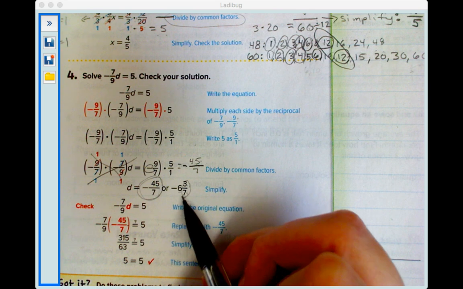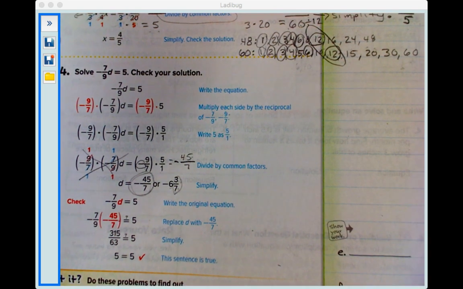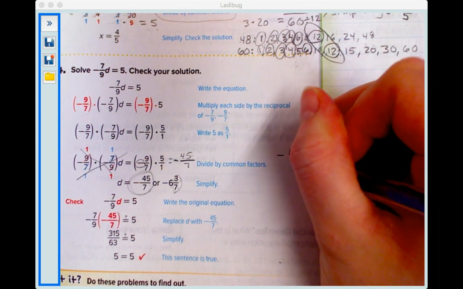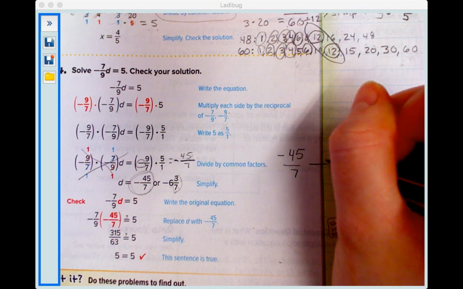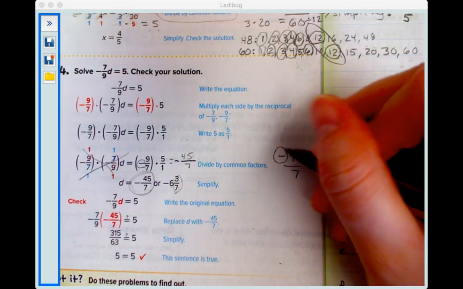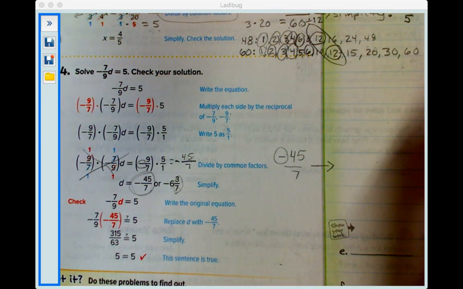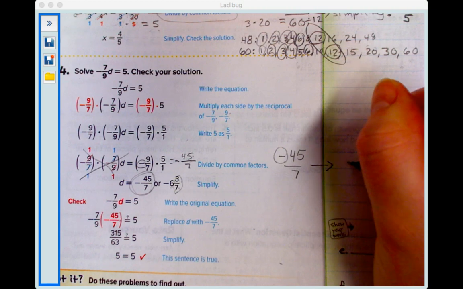Let me show you how this part works. So, negative 45 over 7 turns into, as long as you remember it's going to be a negative answer, you can leave that alone, 45 divided by 7.